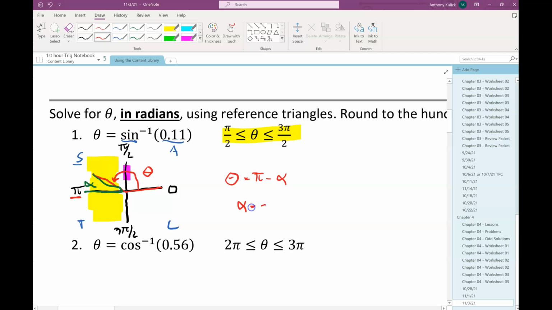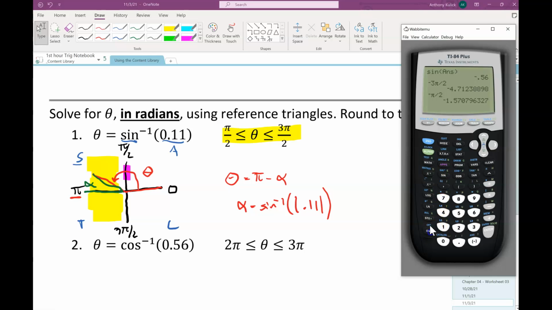And my alpha is going to be sine inverse of the absolute value of 0.11. And now it's calculator time. So that's about 3.03 would be my answer.